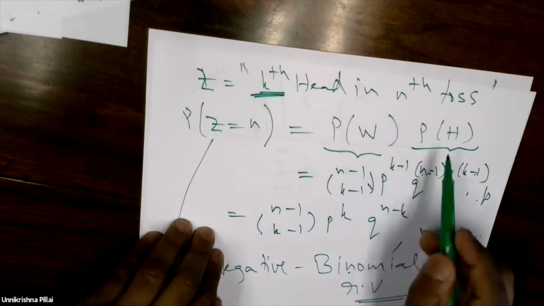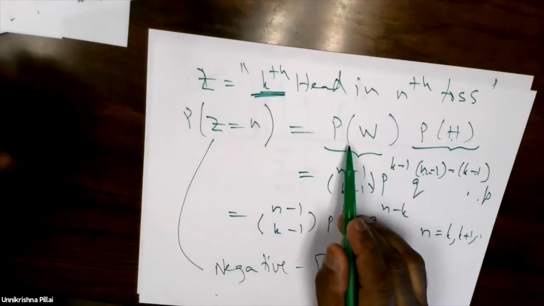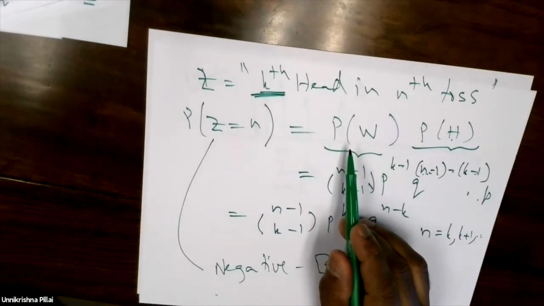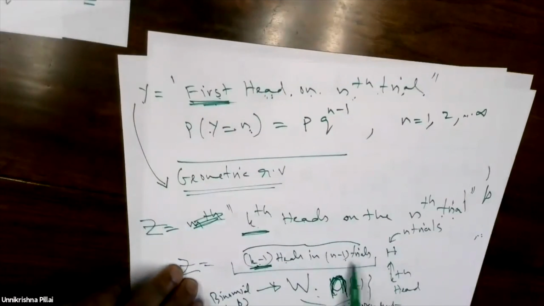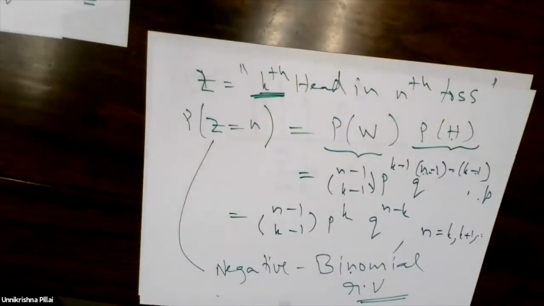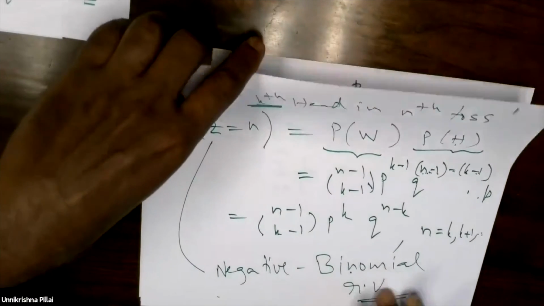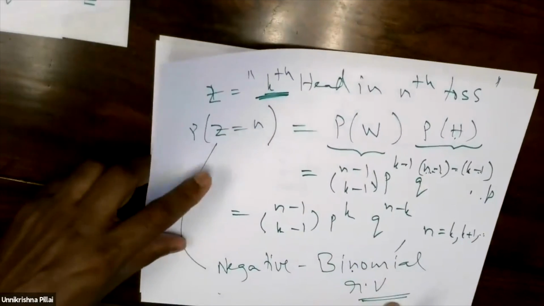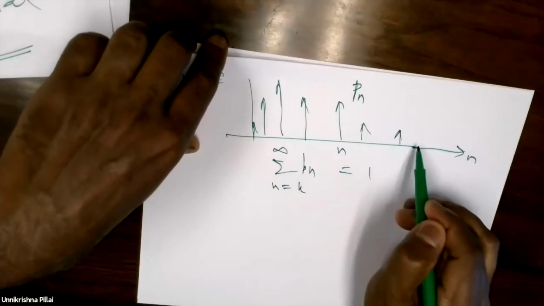So you have a head, and before that you have k minus 1 heads in n minus 1 trials. So this is the formula for the negative binomial random variable. N goes from k onward, and if you plot it, you will get something like this.